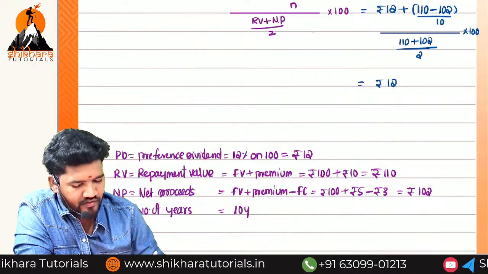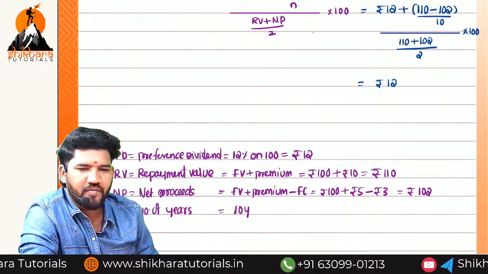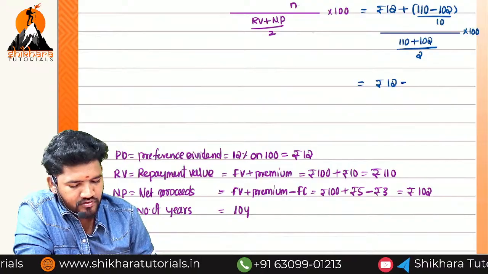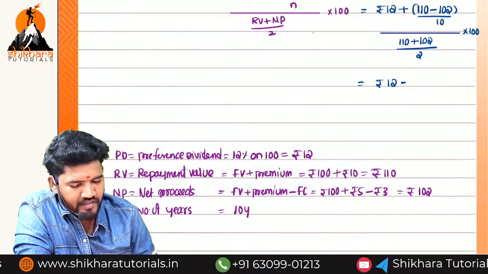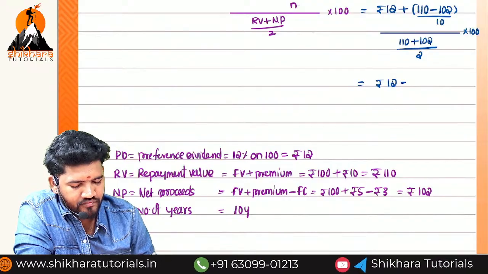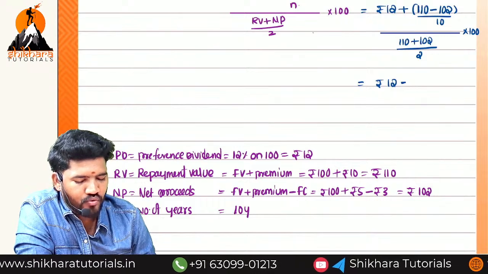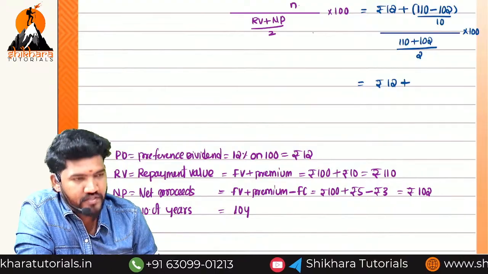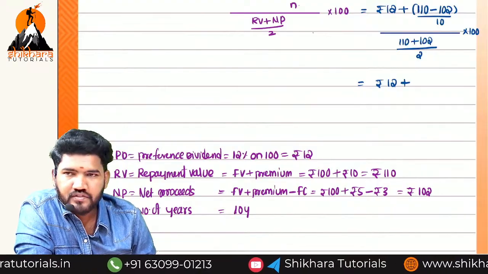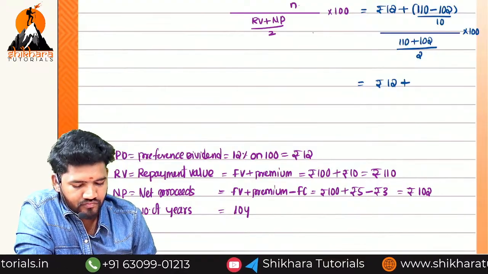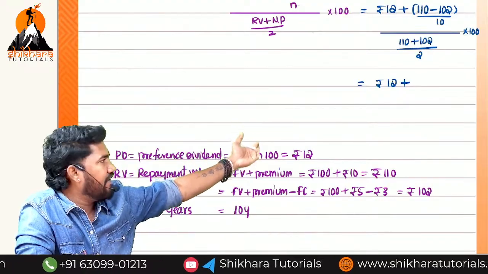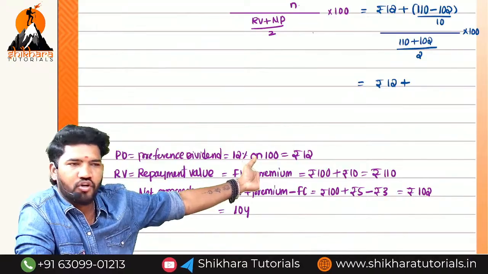What about this: 110 minus 102 divided by 10, minus or plus? 110 minus 102, 8 only, 8 divided by 10, how much? 0.8.